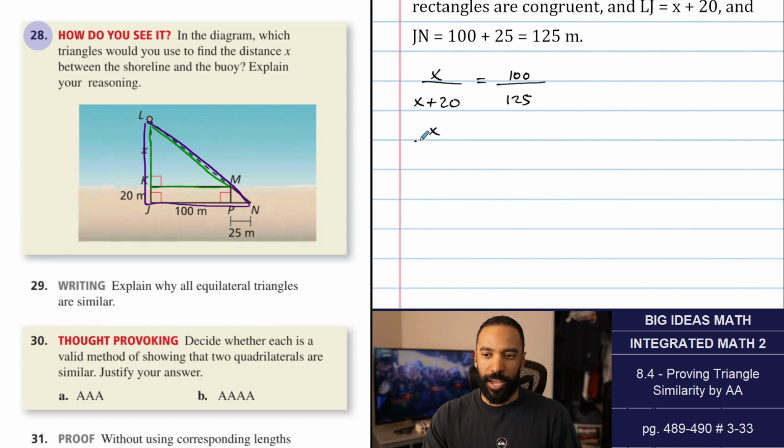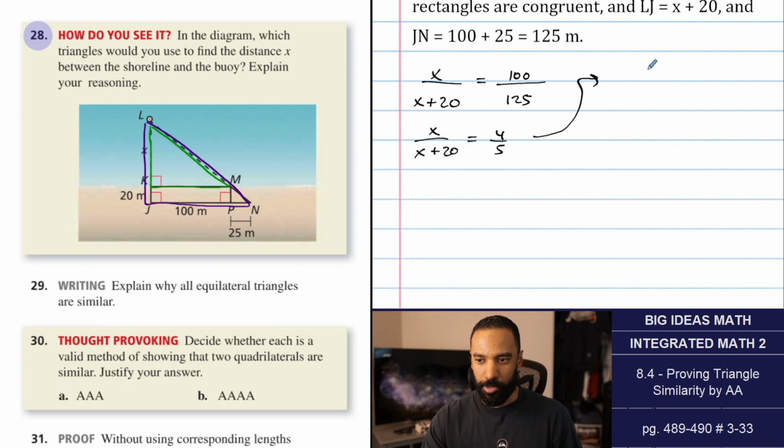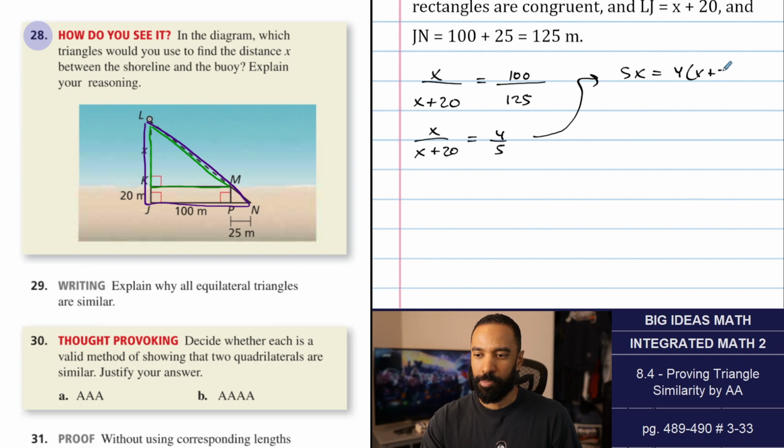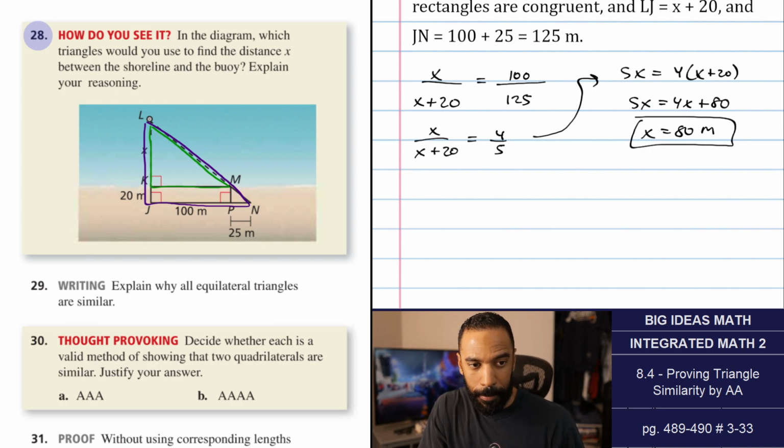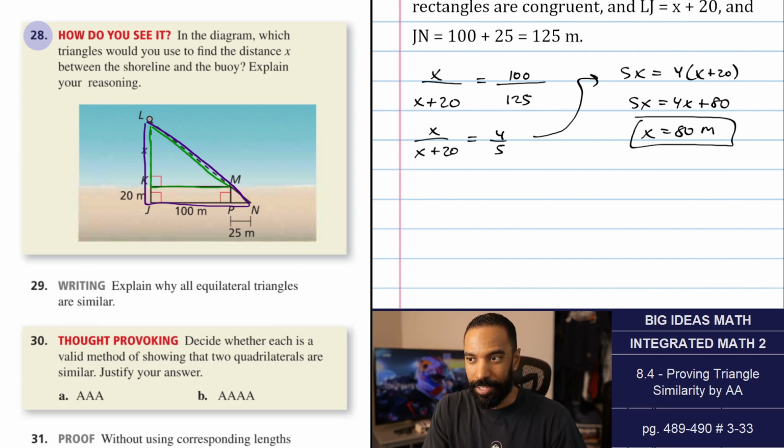Before I cross multiply, 100 over 125 is 4/5. As I will now cross multiply, I get 5x equals 4 times x plus 20 in parentheses, or 5x equals 4x plus 80, or x equals 80 meters. They did not ask us to find it, but I did.